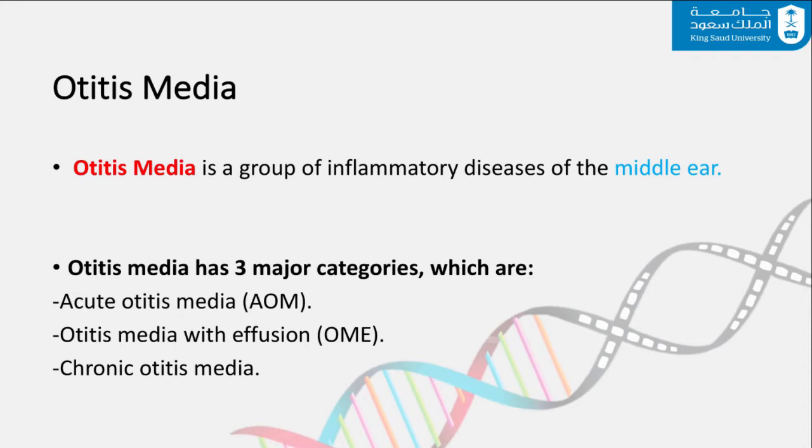When you think about it, the outer ear is basically the continuation of skin into the ear, so it makes sense that they'll have the same normal flora, which are Staphylococcus auricularis, Staphylococcus capitis, Staphylococcus epidermidis, and Pseudomonas aeruginosa.